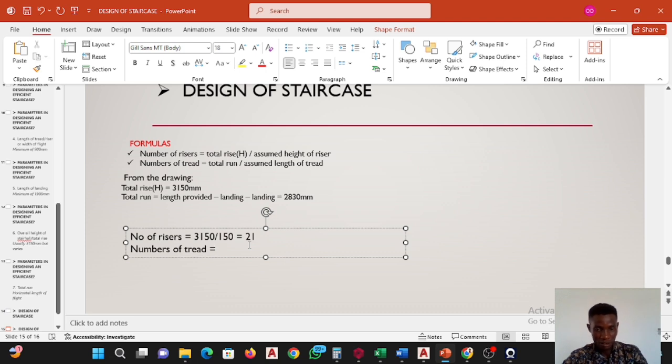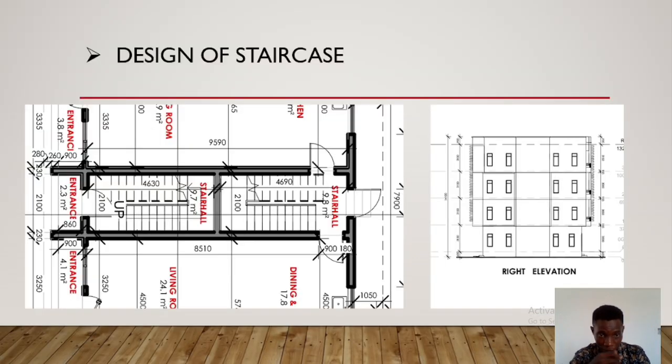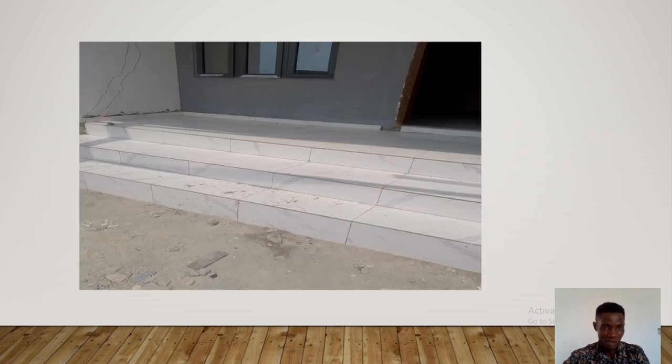How do I know this? I will show you. Let me go back a little bit. Now I can show you from this. Now look at this place. I just want you to see the practical before we start designing. This is a landing, and this is another landing.